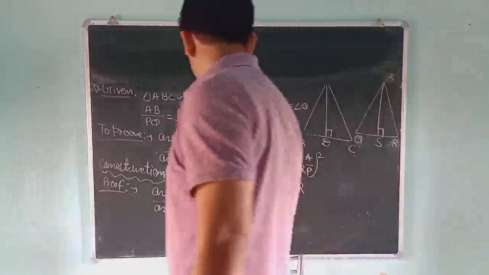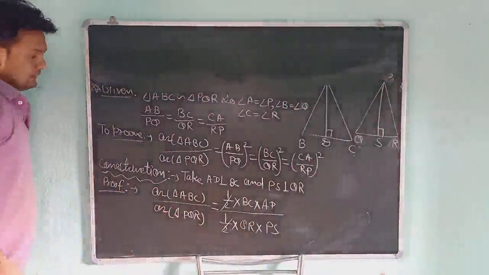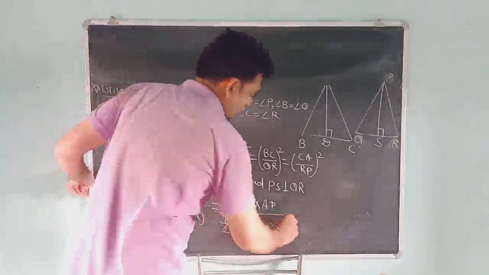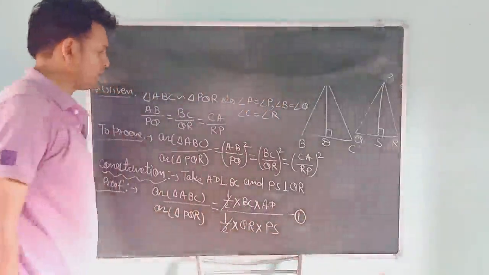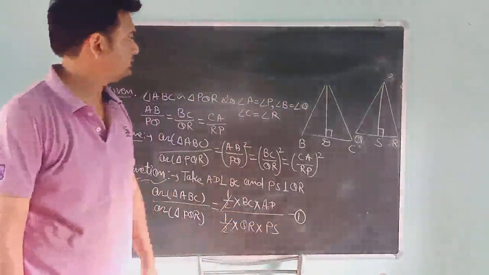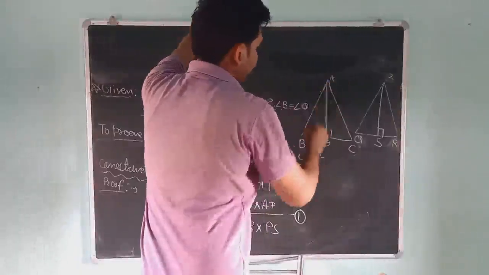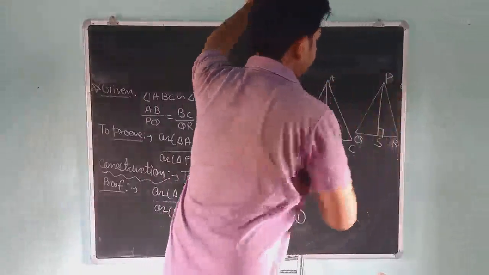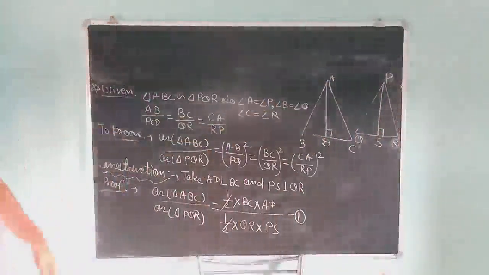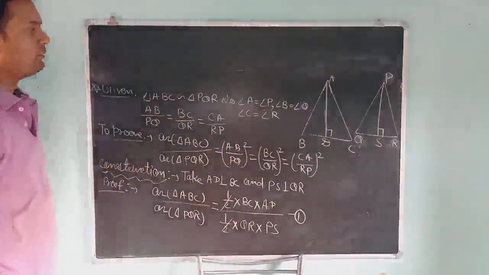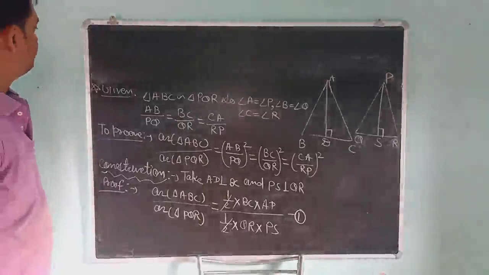Okay, students, suppose that this is our equation first. And here I have AD and PS, and this is the triangle. This is the point A, and this one is P, Q, R, A, B, C, and AD and PS both are perpendicular respectively.